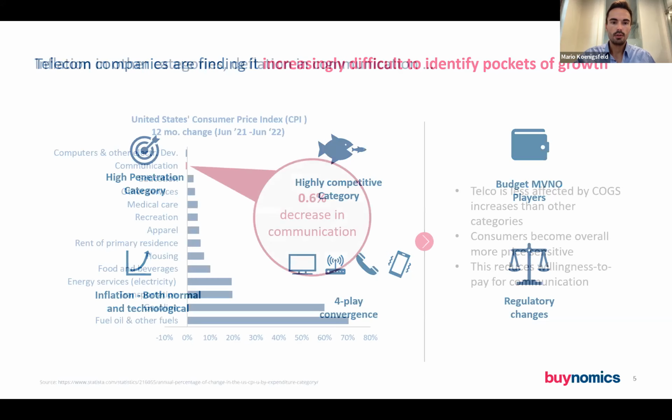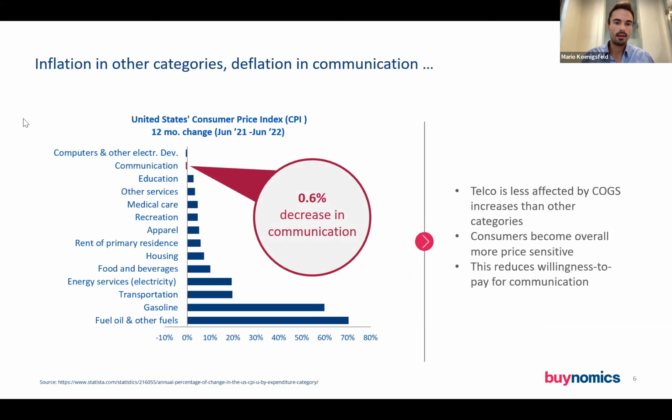Going over to the next one, we have some interesting numbers and figures here pulled up from the Consumer Price Index of the United States. And what we see here is, as everyone is aware, we're in a high inflation setup at the moment. And we see that we have a lot of price increases in the majority of industries. One industry where we don't see a huge price increase currently, specifically a price decrease, is the communications and telco industry. Why is that?